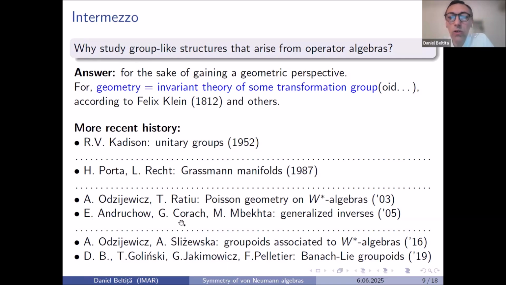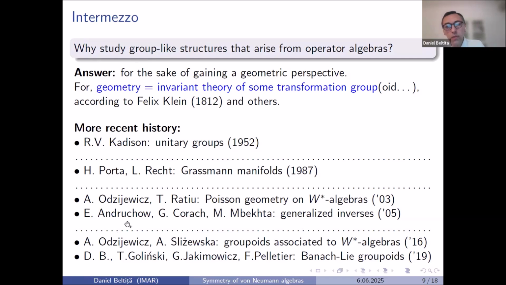Then Esteban Andruchow, Gustavo Corach, and Mostafa Bekta studied the source and target maps in the groupoid of partial isometries, as I call it now, but they proved before that they were submersions, so the fibers were submanifolds. So again, some basic elements of groupoids appeared before we started talking about groupoids.